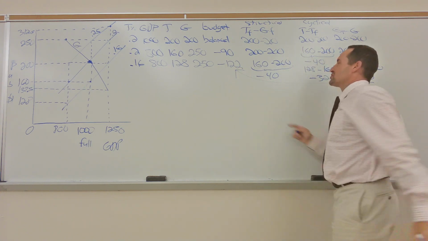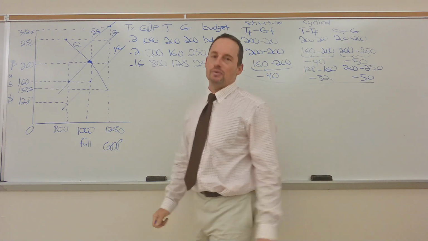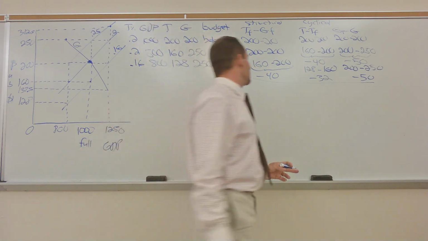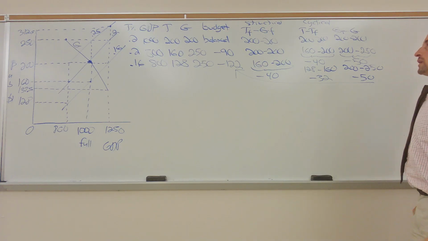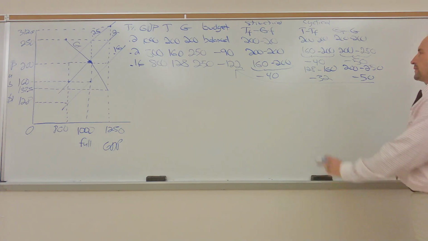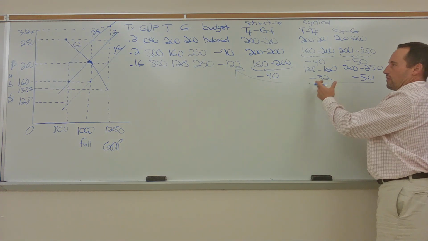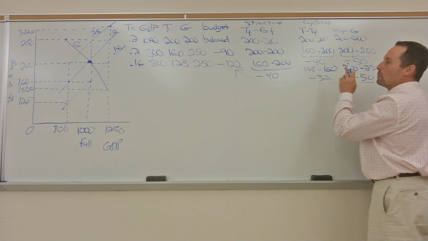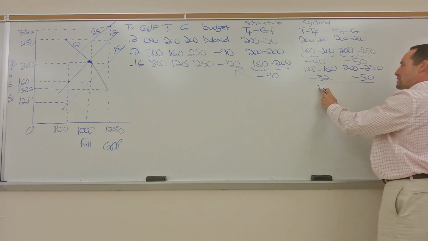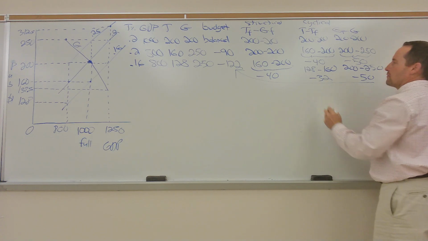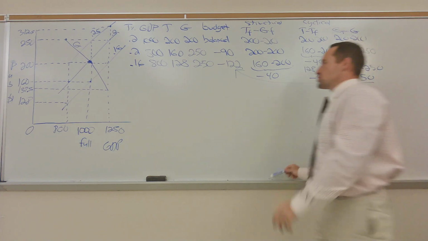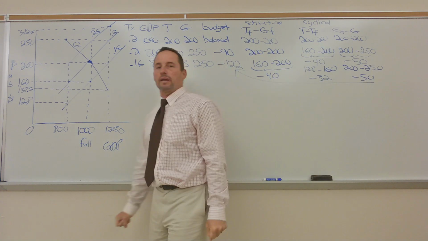So of this deficit of 122, how much of it comes from our political leadership? 40 of 122. A little bit more than a third. 68% comes from the economic times, or comes from the economy. So the beauty of this model, it allows us to assign blame.